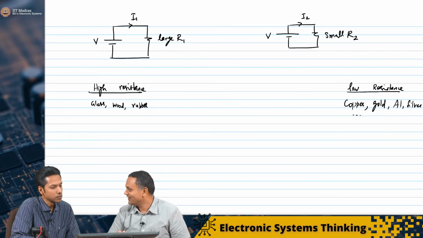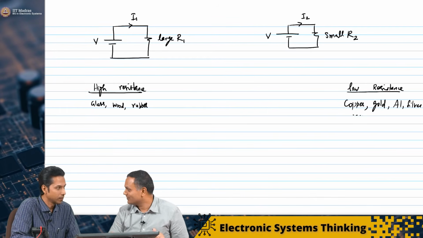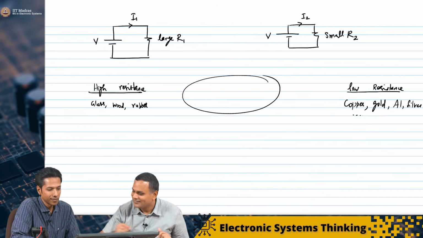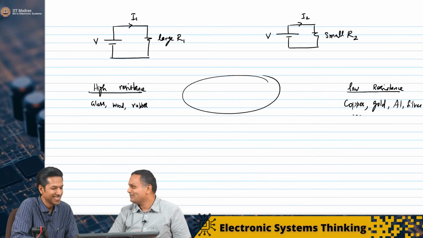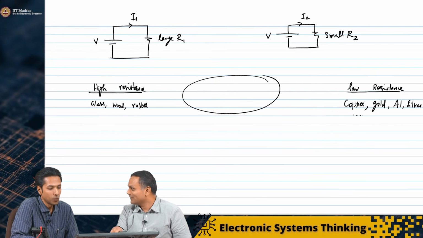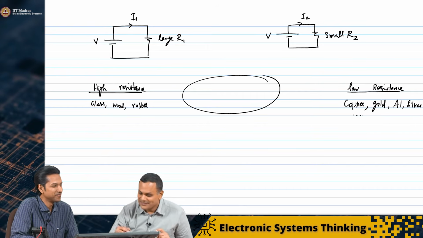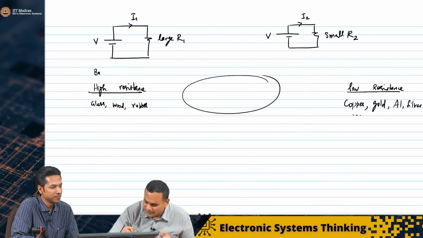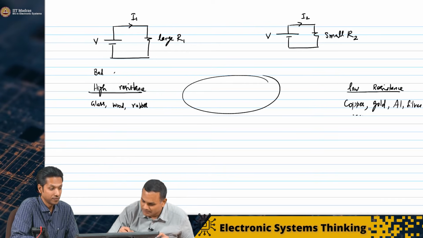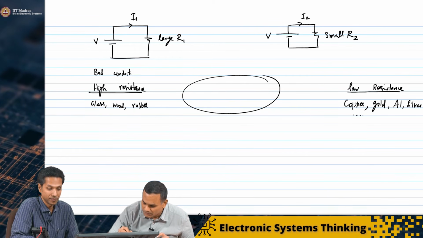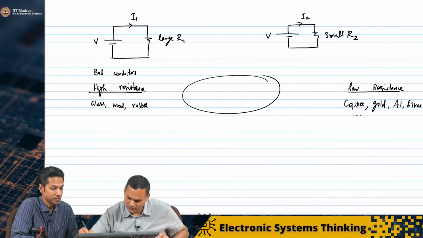Now, interestingly, we are talking about the two extremes. It turns out that there is something in between, very important for electronics. So, these are called bad conductors of electricity. These are called good conductors.